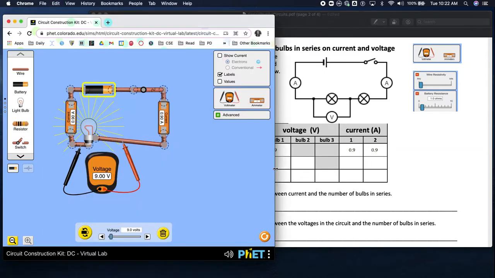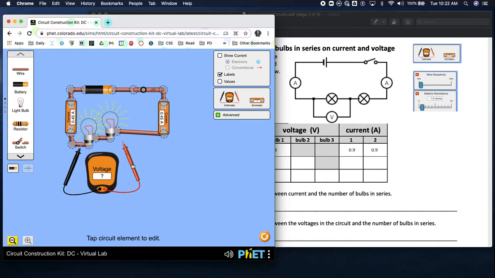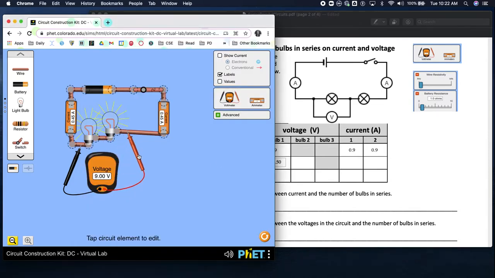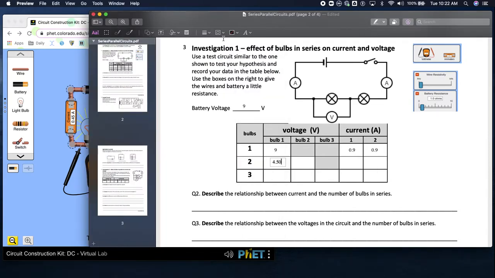All right, now let's add another bulb. I'm gonna cut this guy, move it over, put a light there. Okay, let's test one bulb. The voltage is 4.5. Two bulbs is 9.